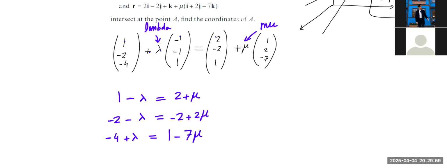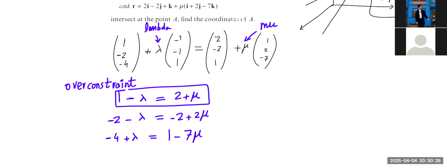Exactly. Three equations, but here's an interesting situation. In mathematics, we call a situation like this over-constrained. Why is it called over-constrained? Look, every equation is basically a constraint on what lambda and mu can be. If I only had this one equation, there would not be enough constraints, so lambda and mu could be anything.